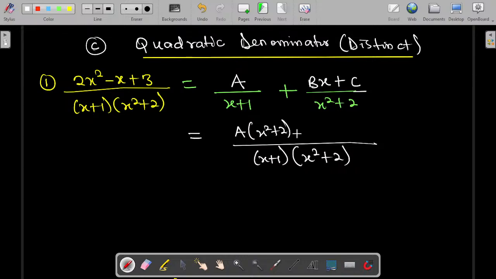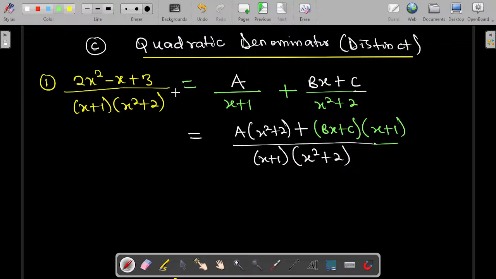Then you bring down your addition sign, and so here you will now have x squared plus 2 will divide. So you bring down this numerator. You can see I'm putting this numerator in brackets. Why? Because there are 2 terms there. So you put a bracket, and then you multiply it by this one that is left, which is x plus 1. Okay? So, and that is all.